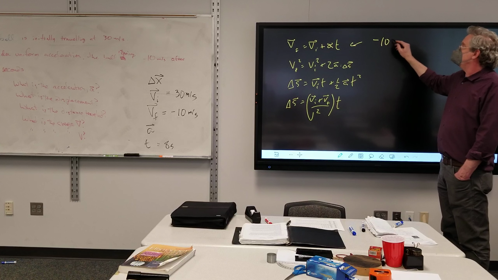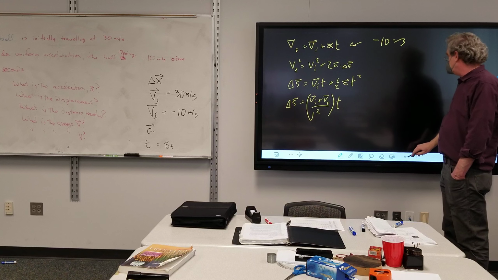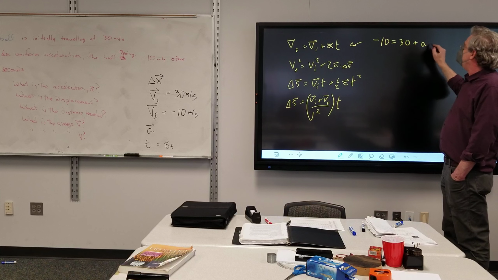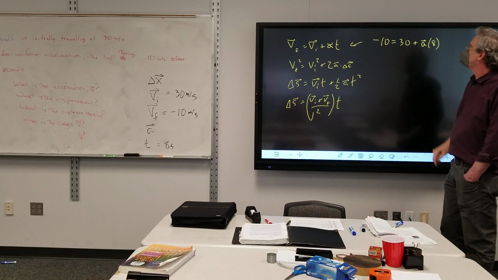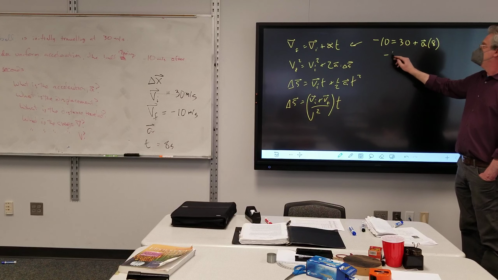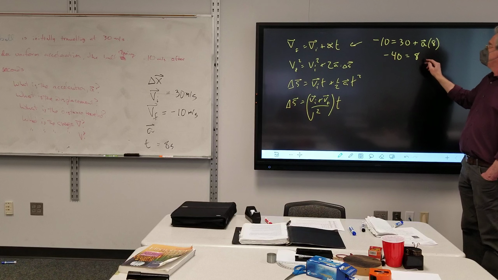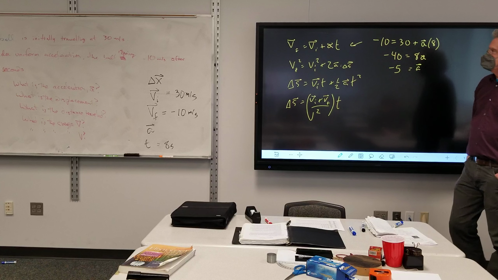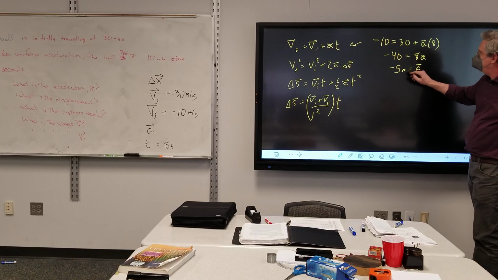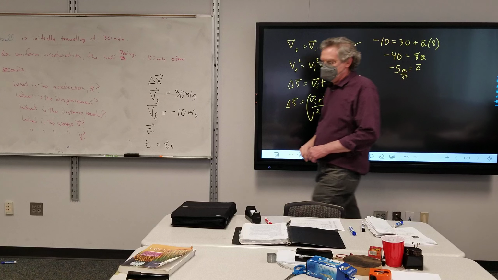So I got negative 10 equals 30 plus A times 8. All right, so just basically plug and chug. Units? Yep. So we've answered the first question.